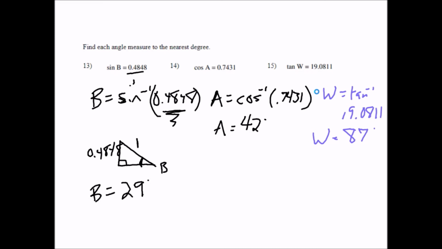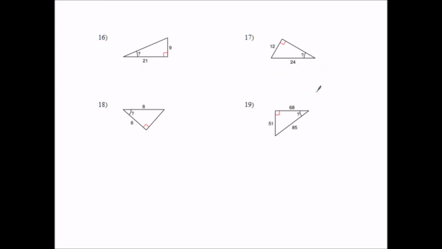All right, now we're going to put a picture with it, I believe. So again, these are cases where we'd have to know which trig ratio to use. They are asking us to find this angle here. The hypotenuse isn't labeled. Across from our reference angle is opposite, and next to it is adjacent.